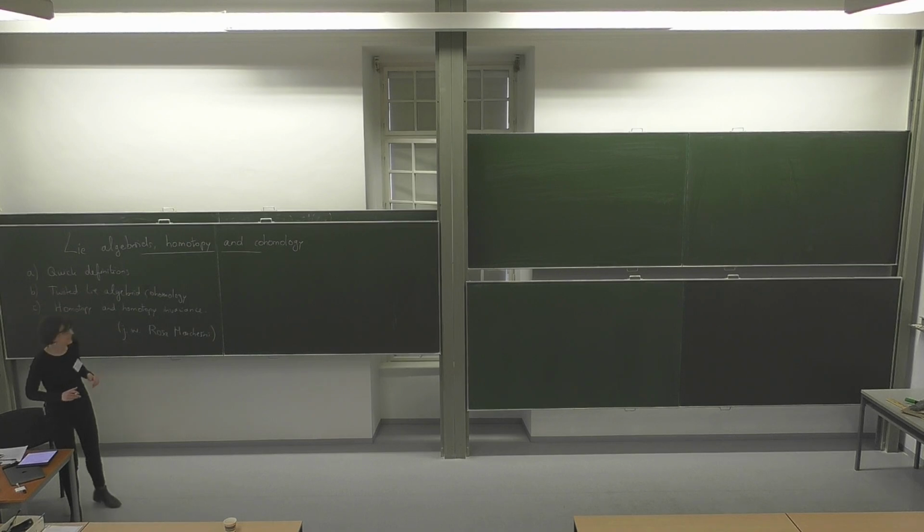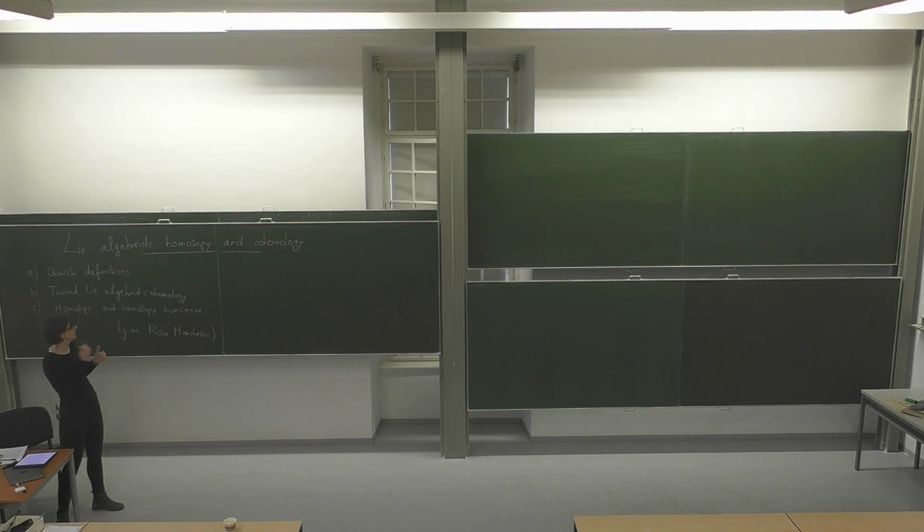And then we'll talk about recent research with my PhD student, Rosa Marchesini, about homotopy invariance of twisted Lie algebroid cohomology. I see that as an advertisement for going higher, so going to higher Lie algebroids. I'll tell you why. So this is slightly off topic, but I see it as an advertisement.